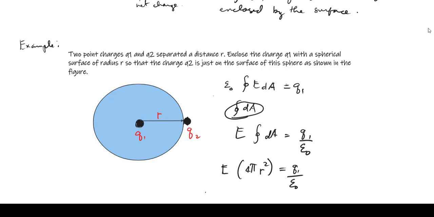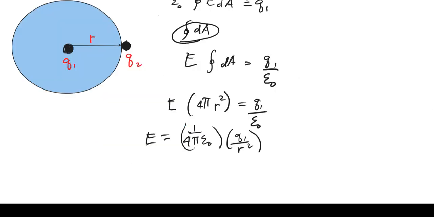Or E is just equal to 1 over 4 pi epsilon naught Q1 over r squared. And what have you noticed in this equation? This is just the equation for the electric field intensity experienced by the charge Q2, right?